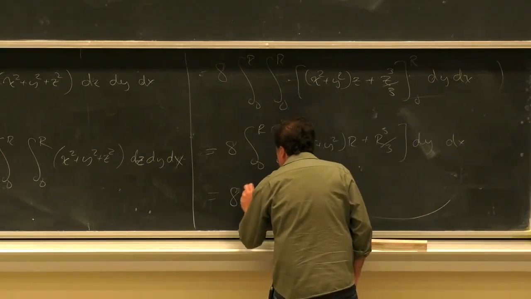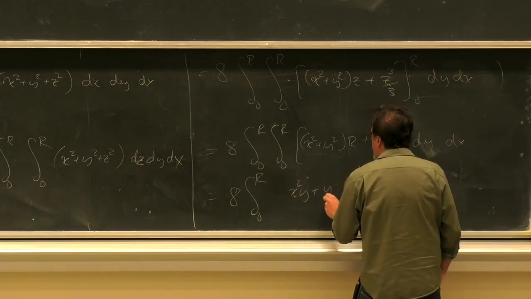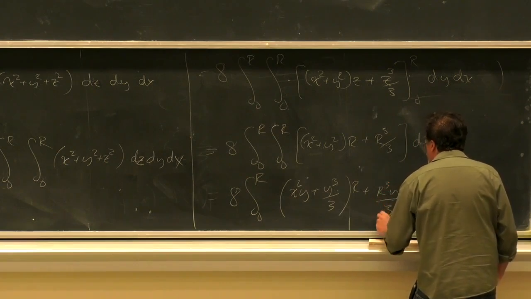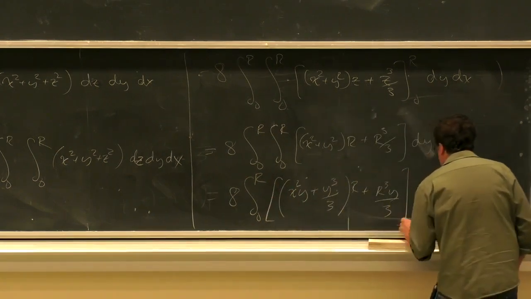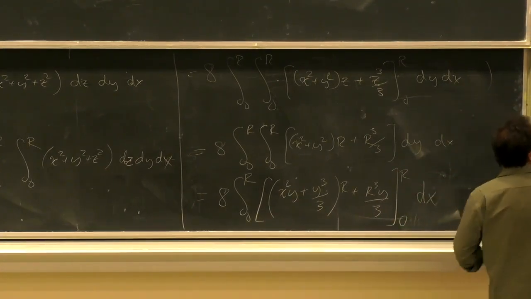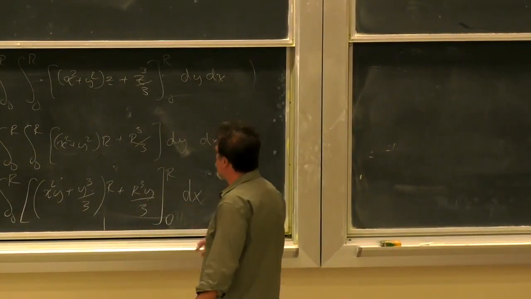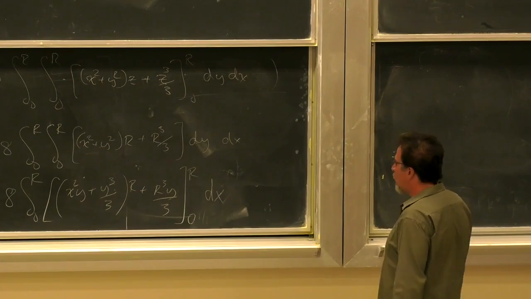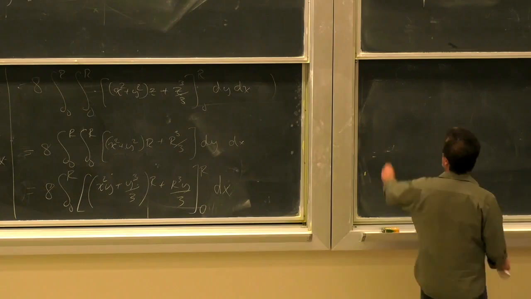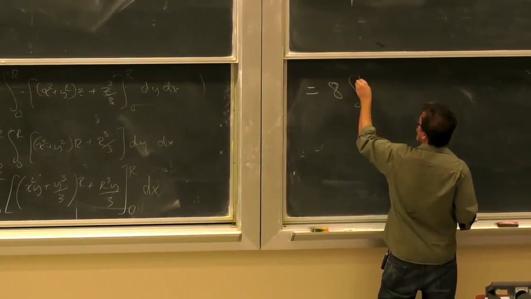And the y integration is going to give us x squared y plus y cubed over 3 all times r plus r cubed y over 3, all evaluated at y equals 0 and y equals r. And then I have to integrate that with respect to x. Okay? Breathe, breathe. Okay, here we go. 8 times the integral from 0 to r.